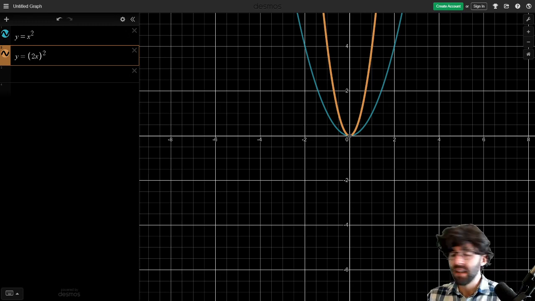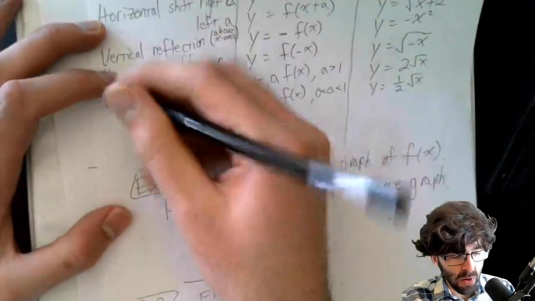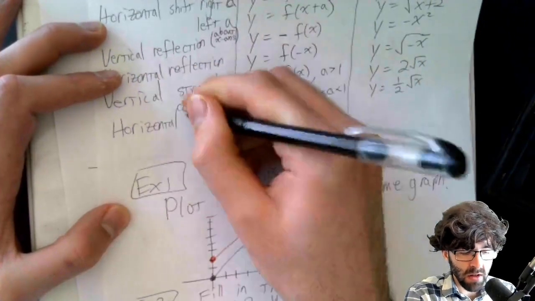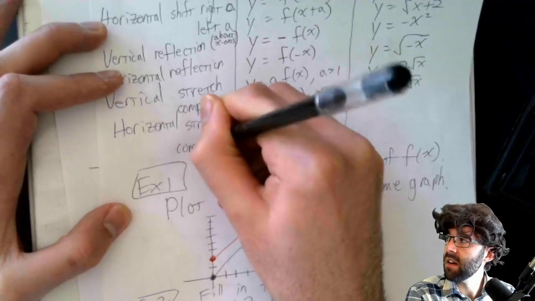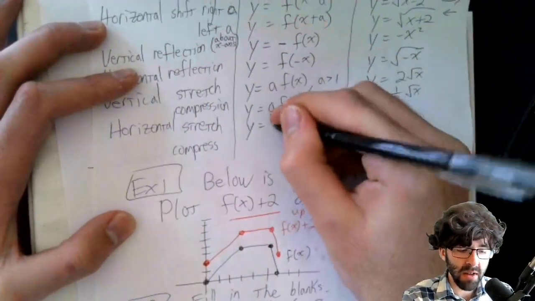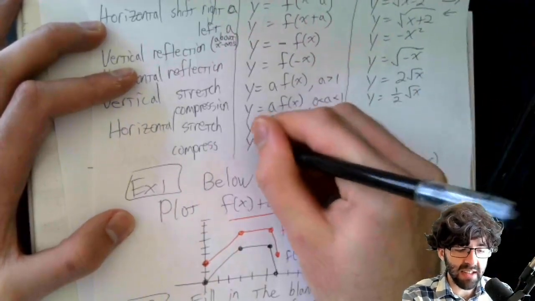So let's fill in our table. We are finishing the table. All right? Horizontal stretch and compress. So it's almost the same, but now it's what happens if we multiply it on the inside.